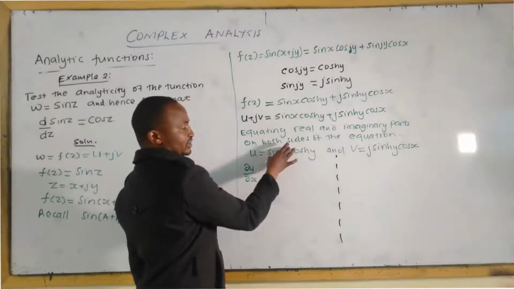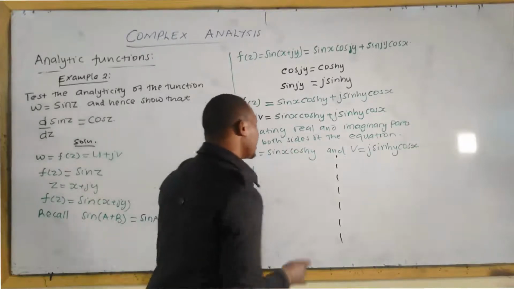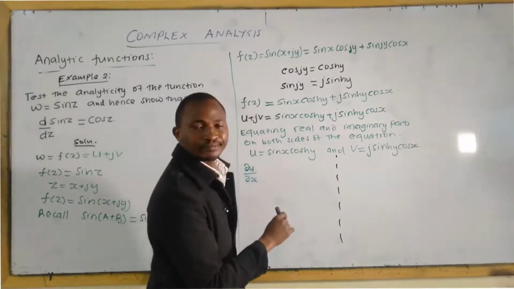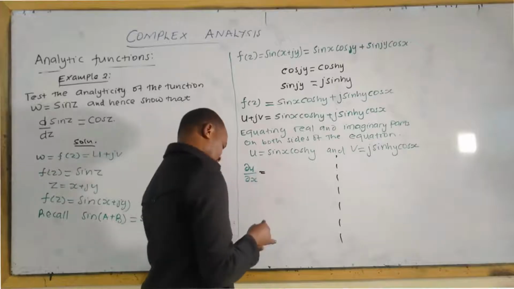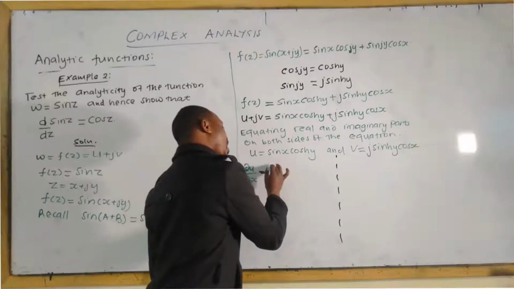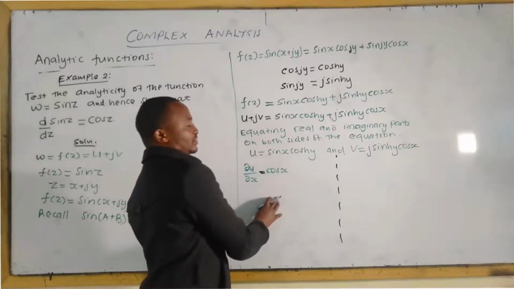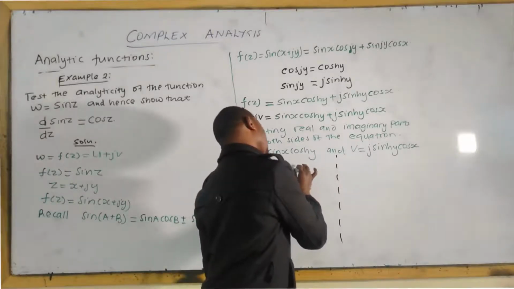We focus our differentiation on this portion. If you differentiate the sine function, you get positive cosine. So differentiating sin x gives cos x. You are not differentiating cos y because it's a constant.